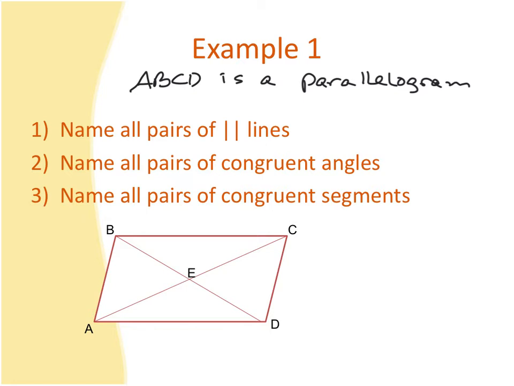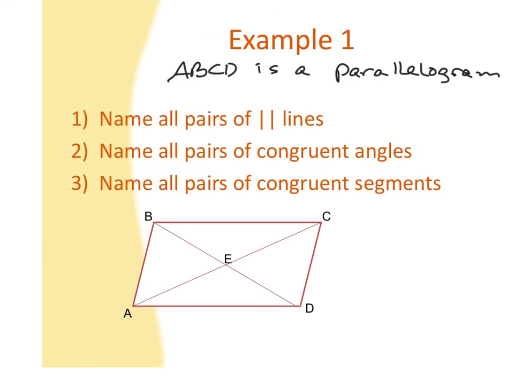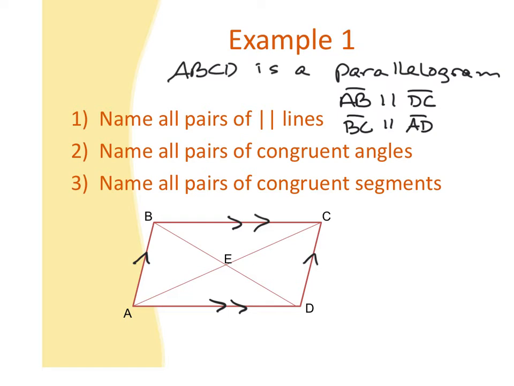Since it is a parallelogram, I know that opposite sides are parallel. So I could state that AB is parallel to DC, and that BC is also parallel to AD. These are the parallel sides.